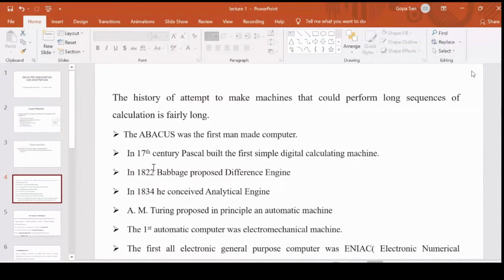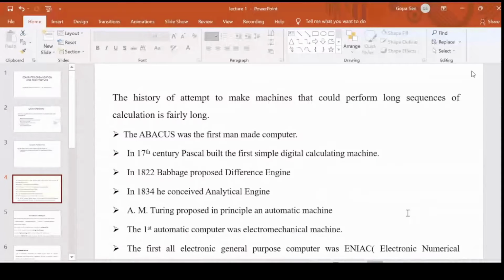Now, in 1822, Babbage proposed a machine known as the difference engine. After some years, in 1834, he conceived another machine known as the analytical engine. Then another scientist, A.M. Turing, proposed theoretically an automatic machine. The basic theory proposed by Turing is nowadays also used in the design of computers.